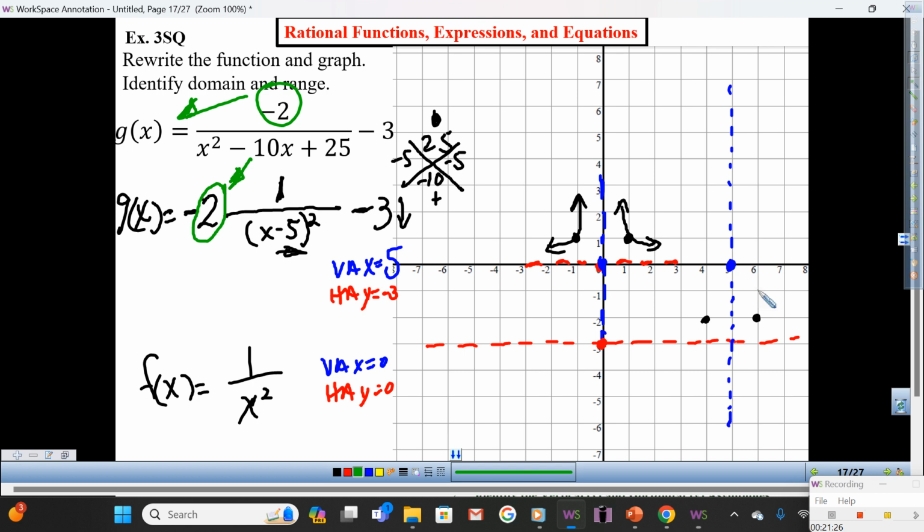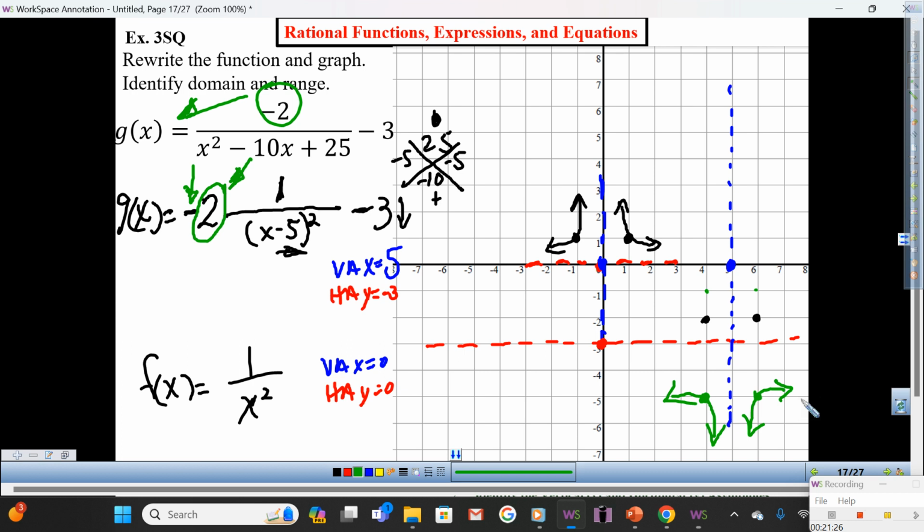Yeah, 2 up, 1 to the right, 2 up, and 1 to the left. However, the negative does what, everybody, at the end? Flip it. We go 2 steps down. There it is.